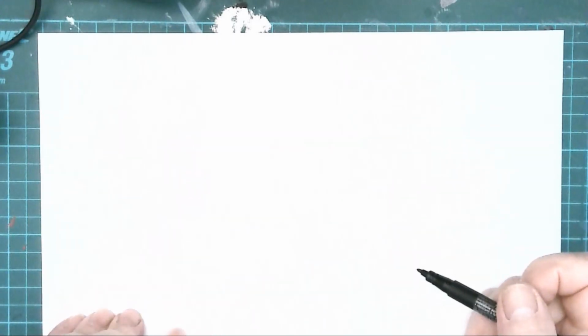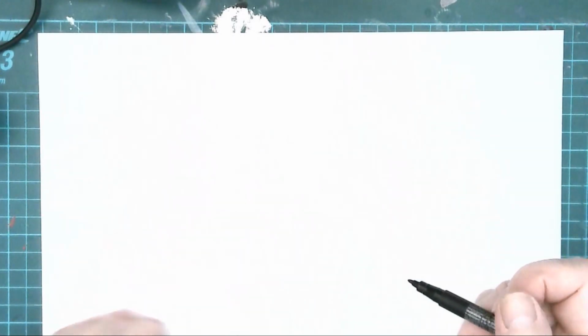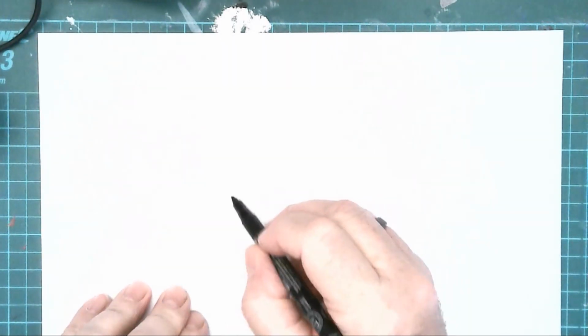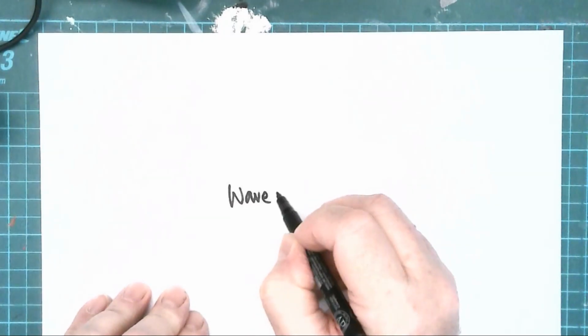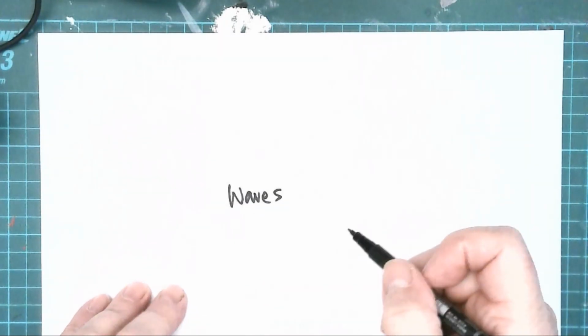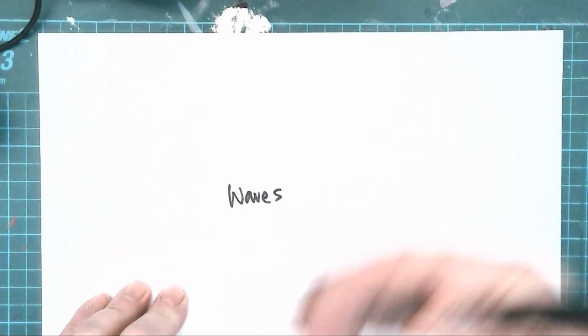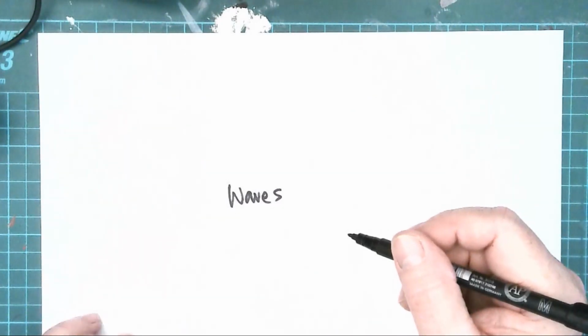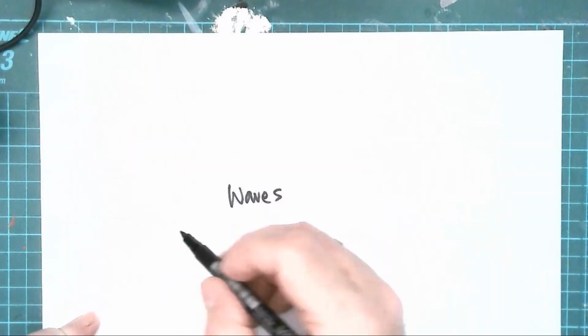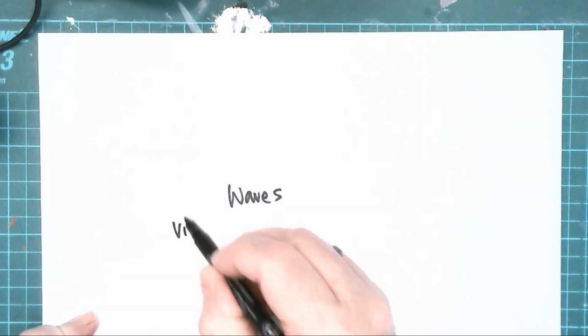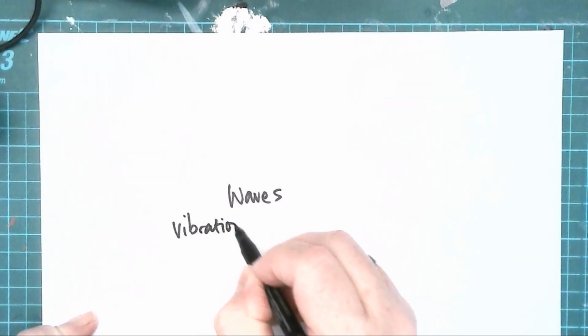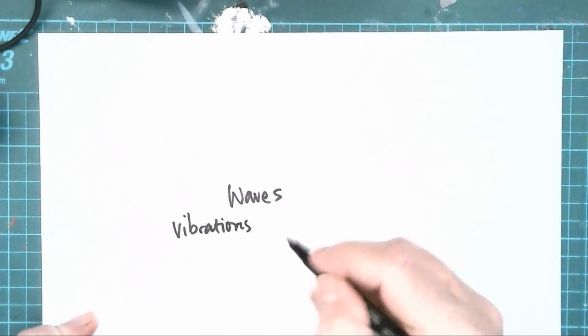Okay, let's revise waves. I'm going to try and do wave features on one piece of paper. Okay, so we're going to talk about waves, and we need to remember what a wave is. It's a series of disturbances, if you like, but we tend to describe waves as a series of vibrations, or we might use the word oscillations.